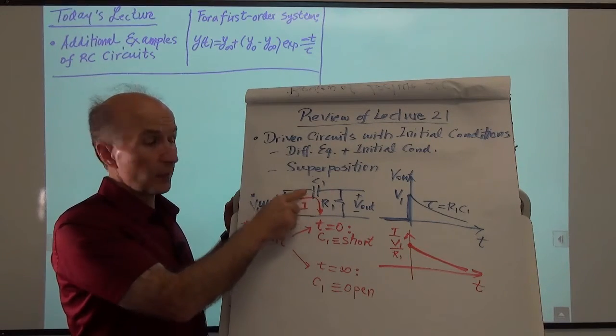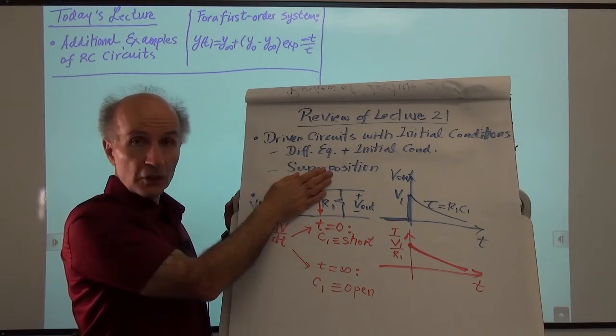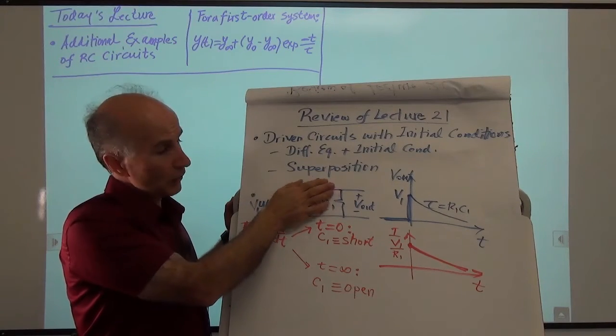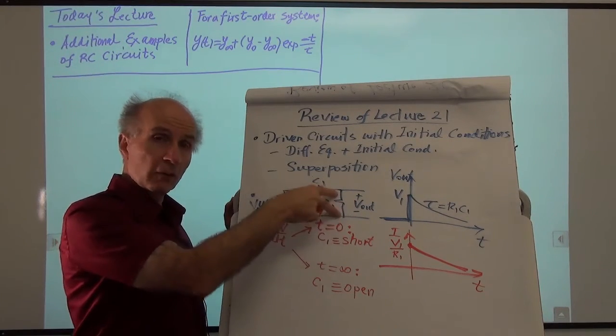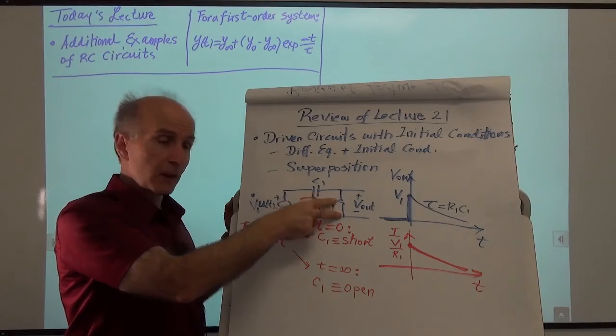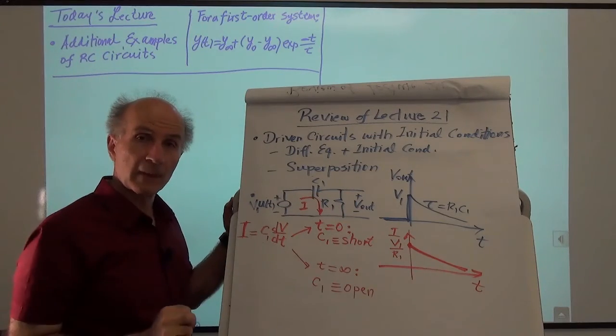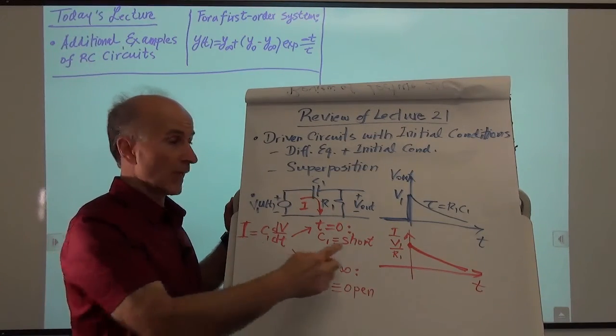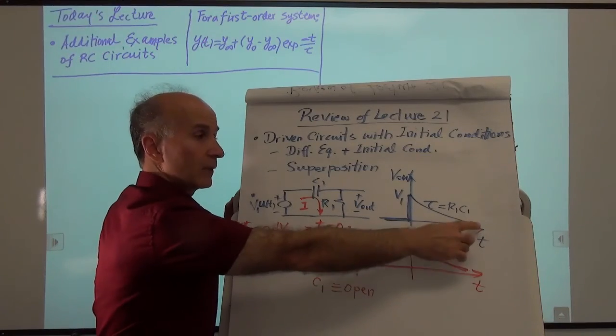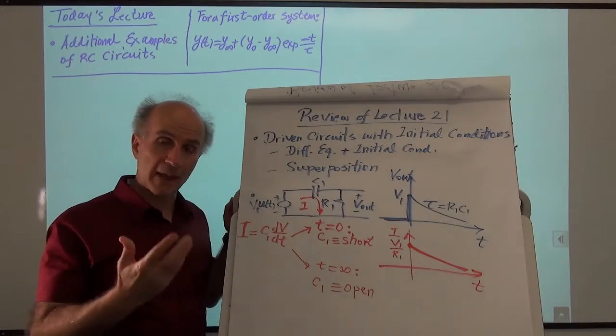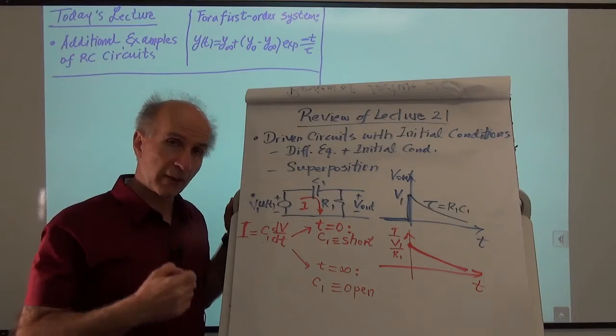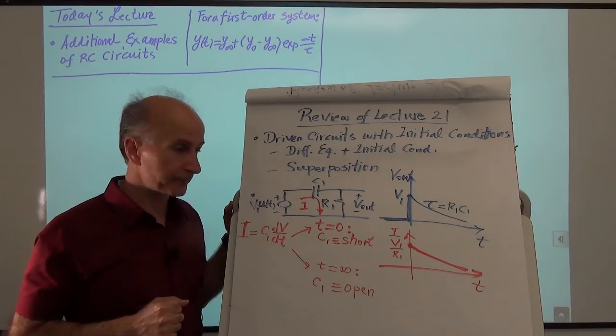When this device is an open circuit, no current can flow through R1, the voltage across R1 has to be 0, and that's over here. So we see that we have the initial step, we have the final value, we can readily connect these and find the equation governing the behavior of the circuit.